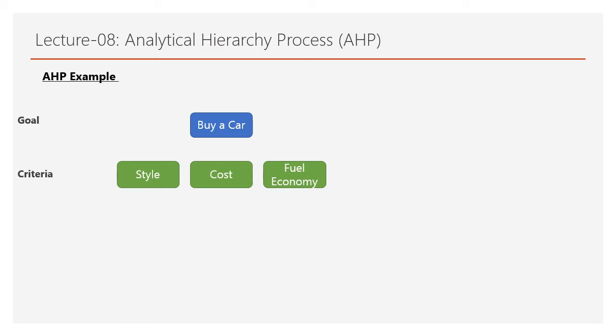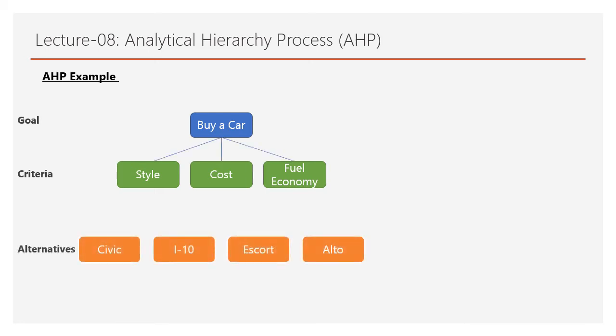These 3 factors affect our judgment over the cars that we are looking at, the alternatives that we are choosing from: the Honda Civic, the i10, the Ascot, and the Alto. So we have 4 different types of cars from different manufacturers that we aim to choose from based on the criteria that we have defined.